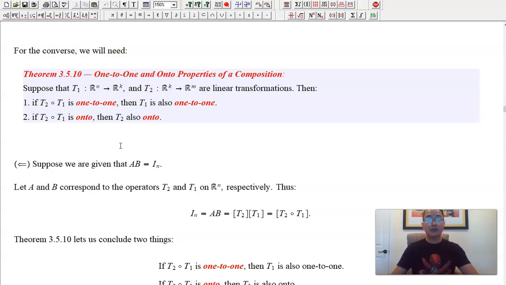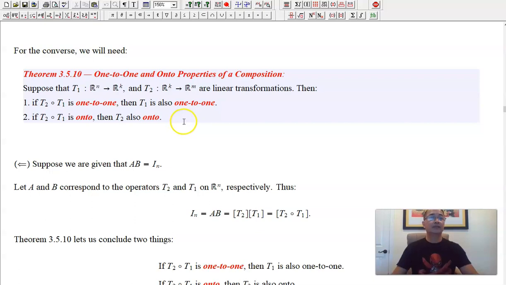It talks about the one-to-one and onto properties of a composition. Suppose that T1 is a transformation from Rn to Rk, and T2 is a transformation from Rk to Rm. So that means that we can form the composition T2 composed T1 as usual. The codomain of T1 is Rk, which is the domain of T2. So T2 composed T1 is well defined.